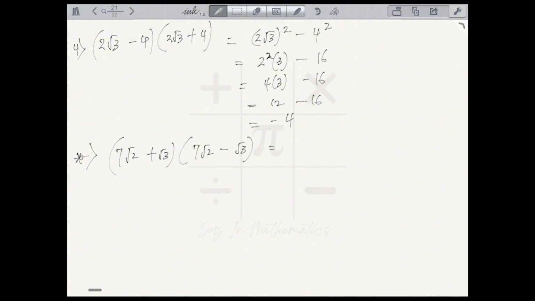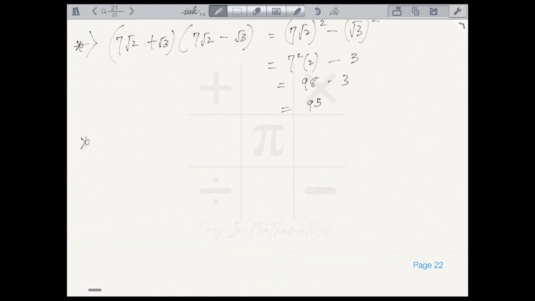And to solve the multiplication of conjugate surds, we take the square of 7 root 2 and we subtract the square of root 3 from it. Now this will give us 7 squared multiplied by 2, applying the law of indices, minus 3. So this will give us 98 minus 3, which is equal to 95.